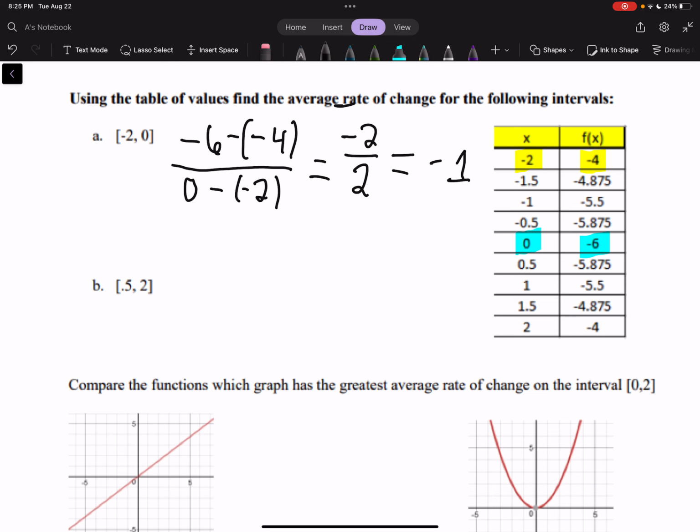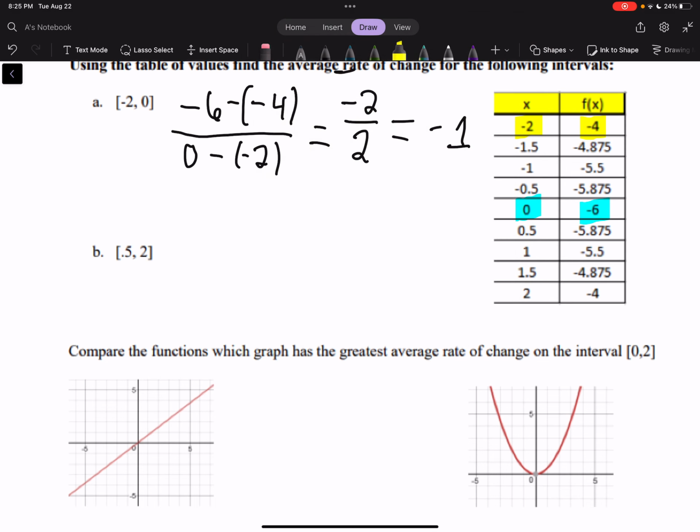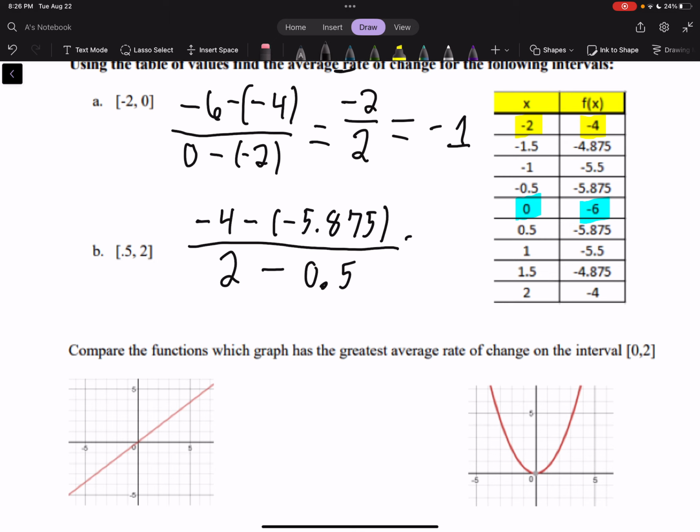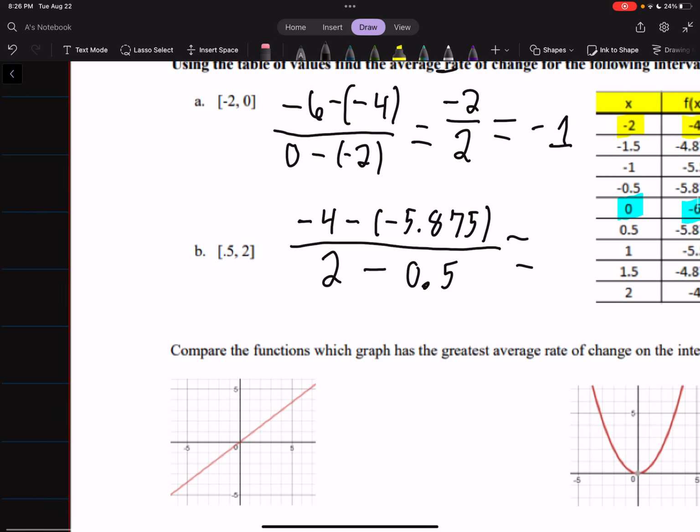For the next one, I'm going to write down the formula. You can find the values on the left or on the right. So we have -4 minus, excuse me, -5.875, divided by 2 minus 0.5. Now that decimal, we can plug that into Desmos.